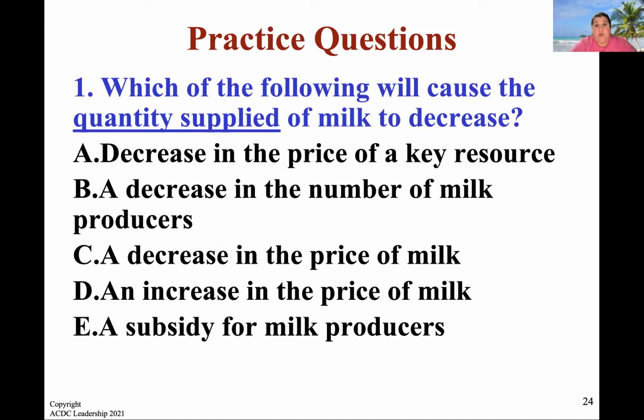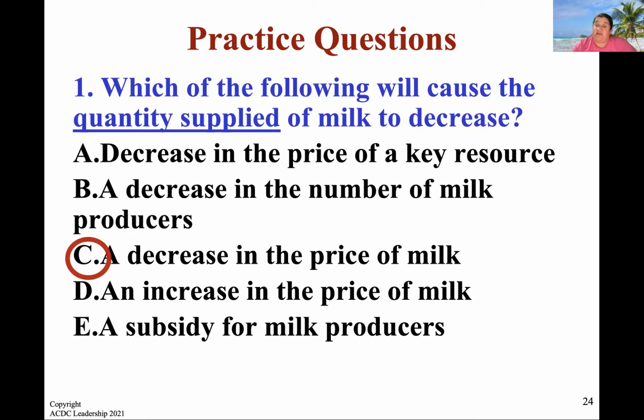Practice question. Which of the following will cause the quantity supplied of milk to decrease? So let's think about it. Quantity supplied, not a decrease in supply, but a decrease in the quantity supplied. So which of these things is going to cause a decrease in quantity supplied?